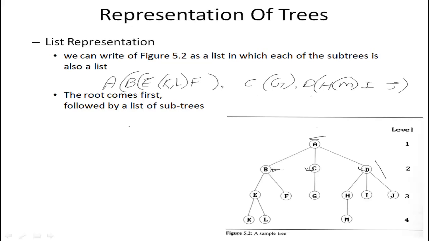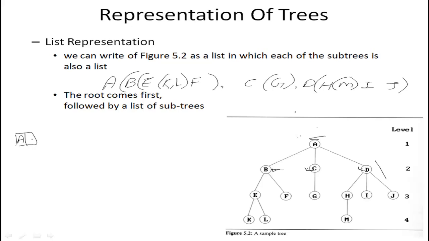Now I will try to represent this list or this tree in the form of a list representation. What I have to do is I will have nodes over here for representing. I will draw the first node, which is A, the root node. Now this root node A has how many children?